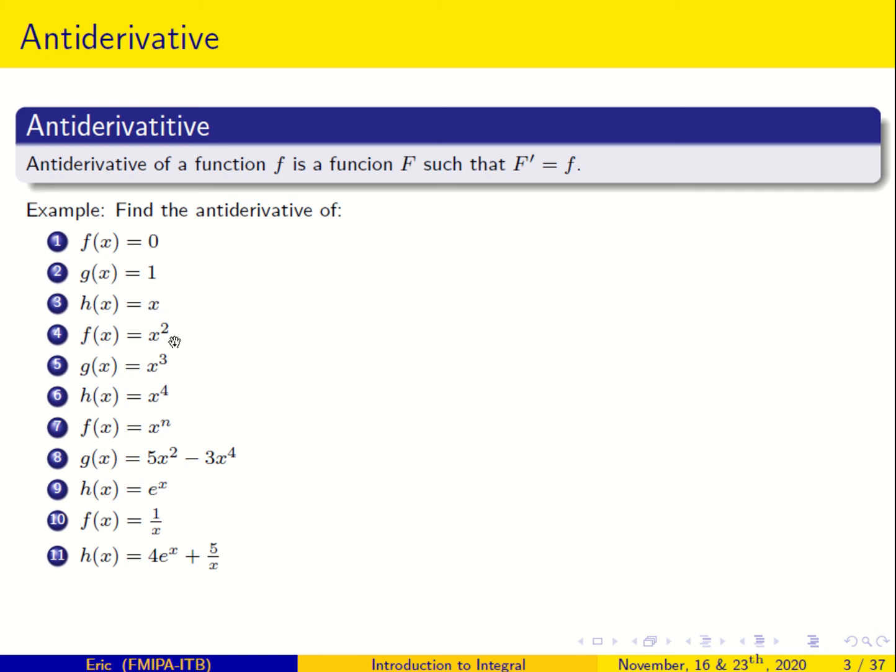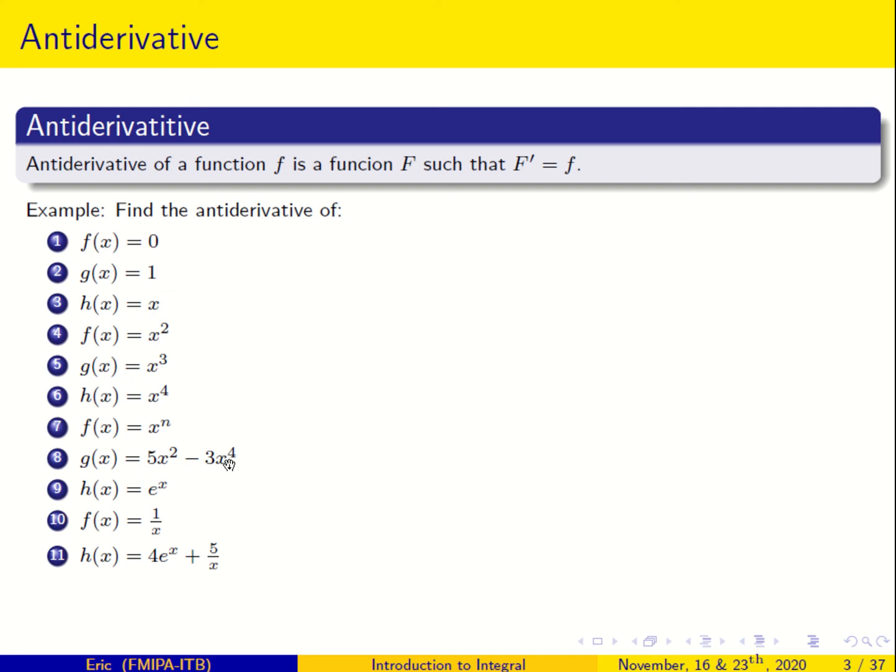What about x squared? It's not x cubed, because the derivative of x cubed is 3x squared. To eliminate 3, the antiderivative is 1/3 x cubed. In general, if I have x to the n, the antiderivative is 1 over n plus 1 times x to the power of n plus 1.